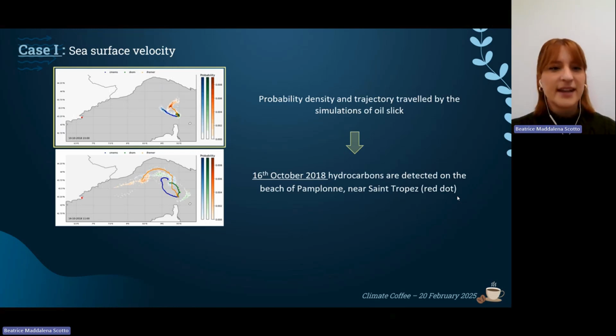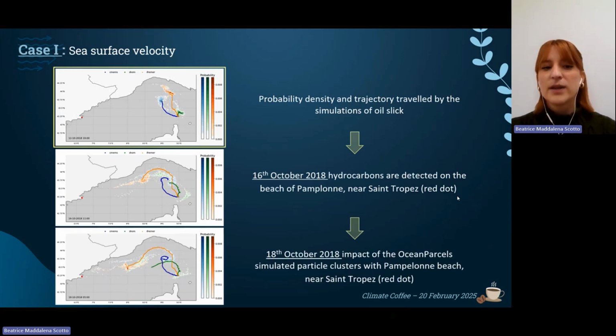And we can see that clearly none of the three models reached the point by that time. Only with a few days of delay do we have the reaching of the point, but as we can see, the simulations are a bit inaccurate because there were other particles near other parts of the coast, which wasn't detected. And so we needed to improve our simulation.